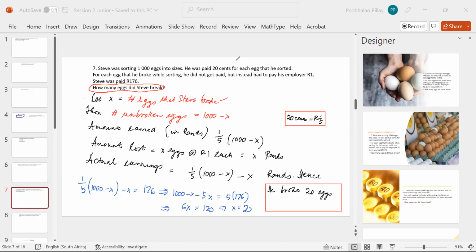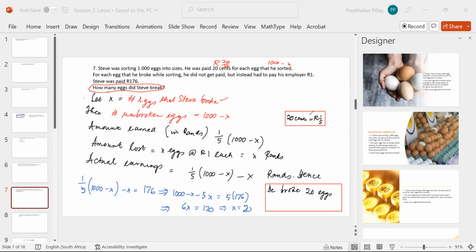Now, it says here that he was paid 20 cents for each egg that he sorted. He sorted 1,000 minus X eggs, right? The others he broke. And we are working in rands here, and this is cents, so you have to convert the 20 cents into rands. 20 cents is 20 over 100 rands, which is 1 over 5.